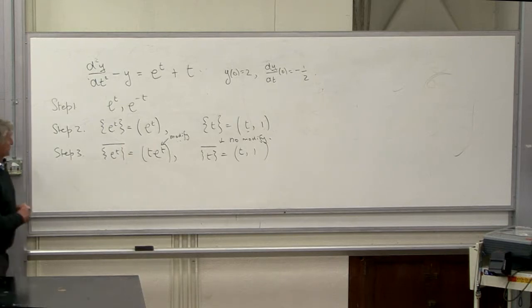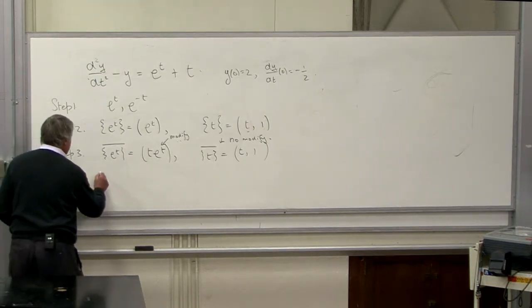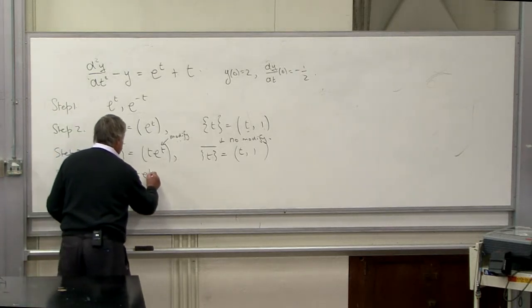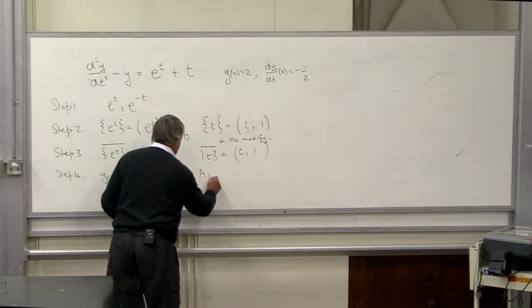Now we seek a solution in the form yp is a1 t e to the t plus a2 t plus a3.